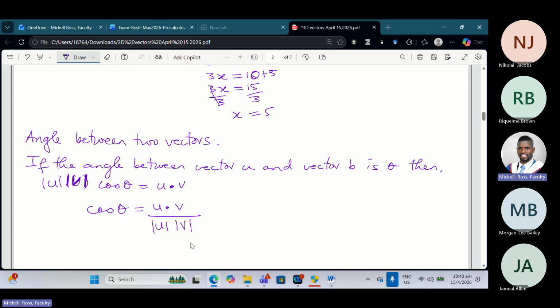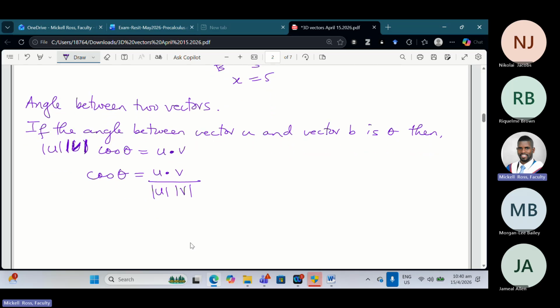So cos of theta is going to be equal to the vector u times, well, I used b. I did say b, I didn't use v, so this will have to change to a b.